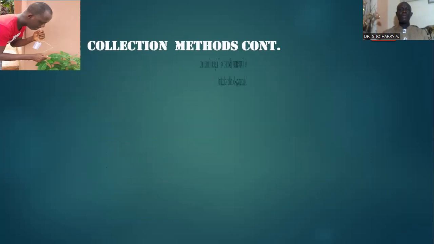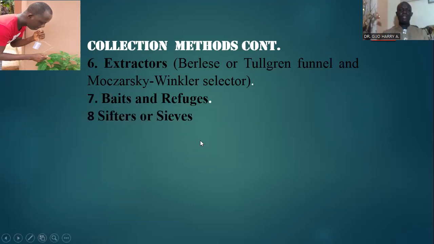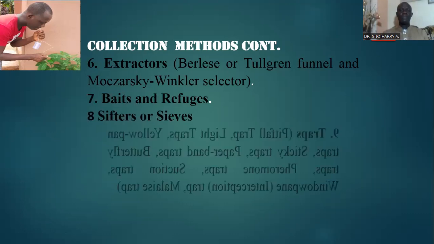We have other methods for collection of insects and arachnids, which include the use of extractors, such as the Berlese funnel or the Tullgren funnel, as well as the Winkler extractor. We also use baits and refuges, sieves and sifters, as well as traps.